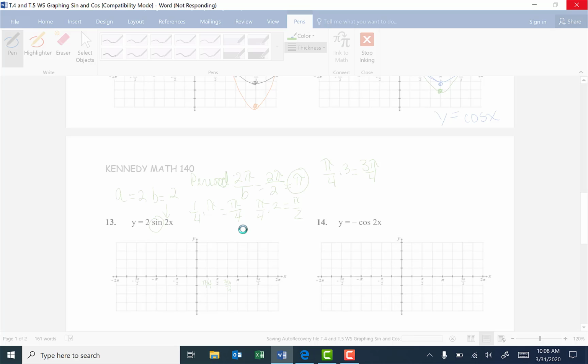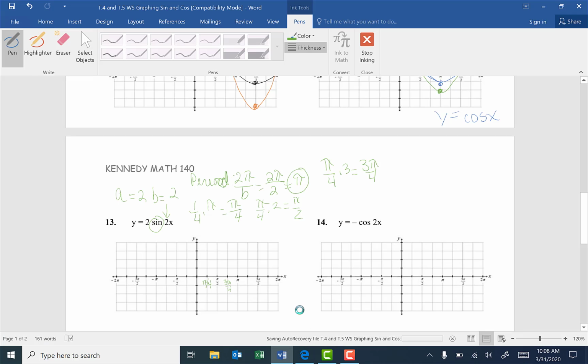So let's go back to y equals 2 sine 2x. For some reason it is not responding. Word's not responding. That's great. Hopefully I can get this to start working again. Okay, we'll stick with the green, I think.